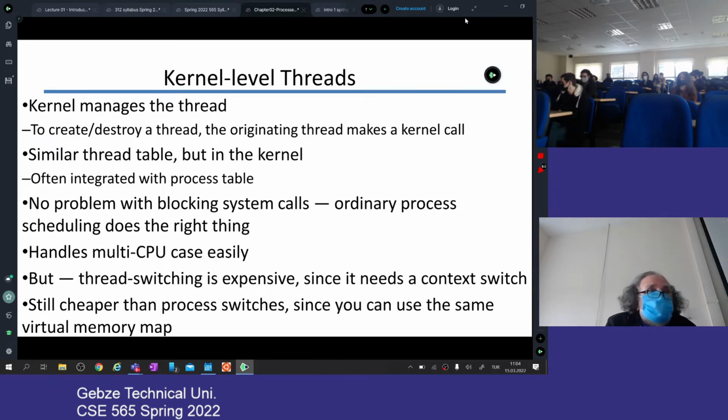So the kernel is larger now. The kernel uses more memory because it has to handle the kernel thread level information. But we have solved the blocking system calls. I'm not going to block the whole process because one of the threads of that process is blocked.